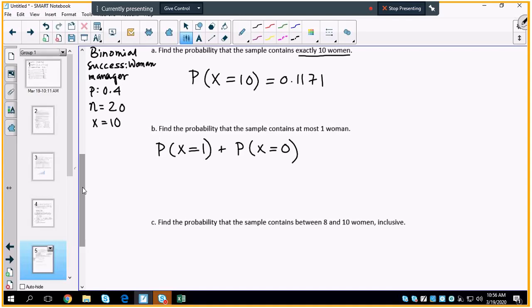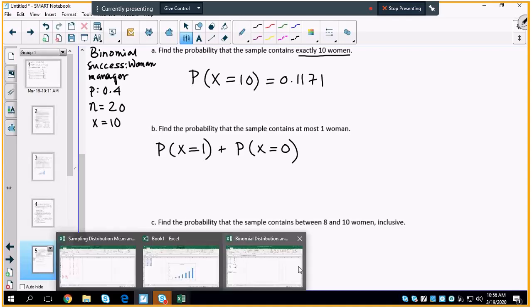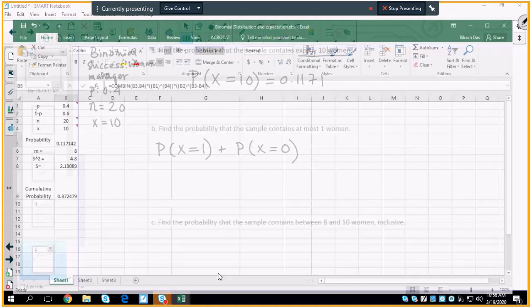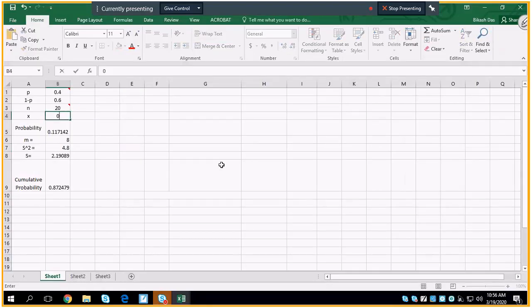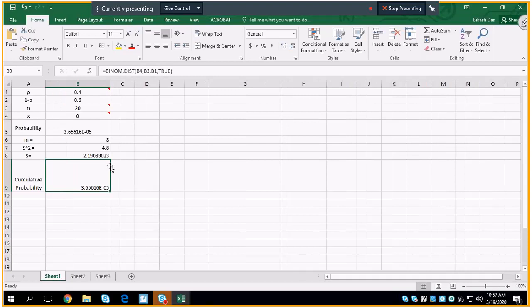Those are the 2 situations that come in at most 1 ohm. And I'm going to find each of these probabilities in my binomial distribution spreadsheet. So see, pretty much all the information is there. I'm just changing the number of successes. So if I do 0, I get this number, which is 3.66 times 10 to the power negative 5.